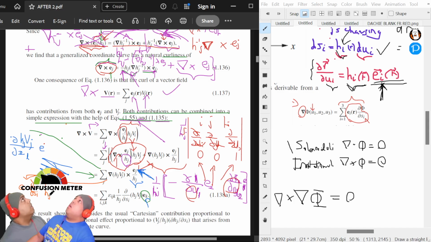Well, just do HJ, VJ, 1 over HJ from here, this guy here, 1 over HJ, 1 over HJ, VJ, del SI, VJ, EJ, IJ, EK. I'll look at this closer later.